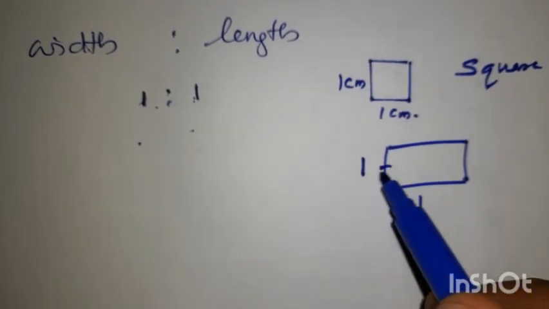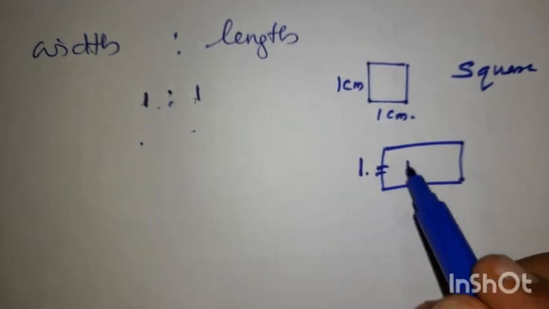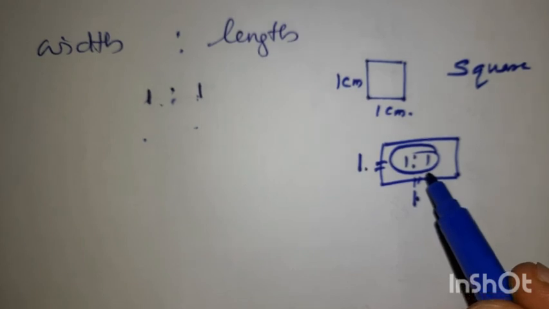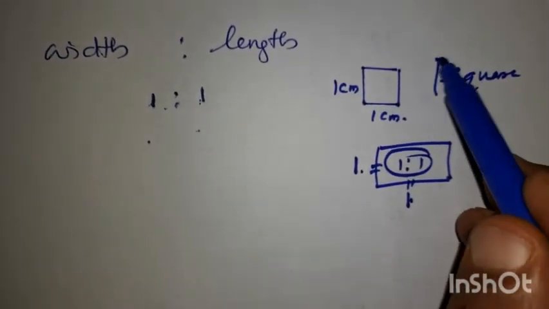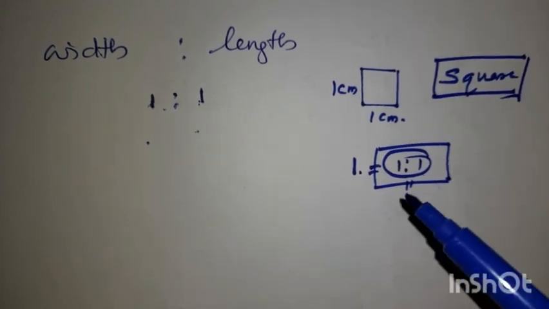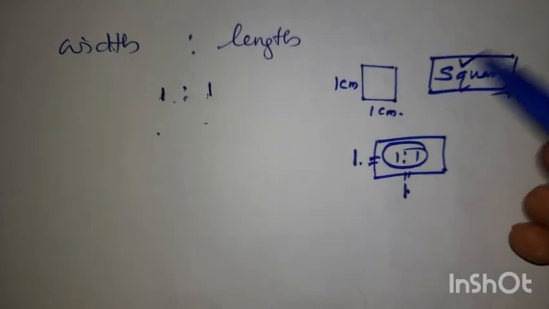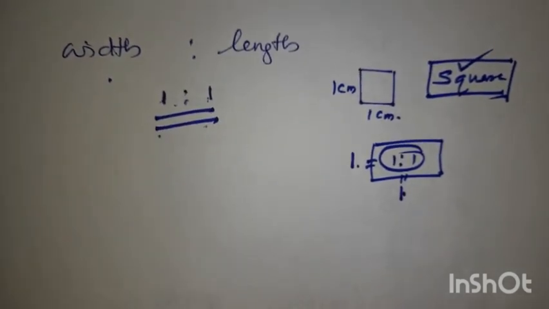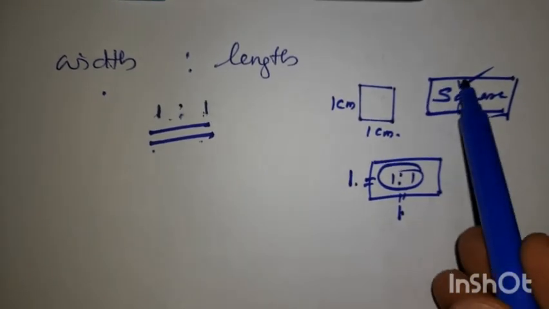That means the length and width are in the same ratio. Okay, 1 is to 1 ratio. That means the length and width are of same measurement. So same measurement means it is a square, not a rectangle. Okay, that is the answer. It is a square itself, because the width and length are of same ratio. The measurement is same. So it is a square.